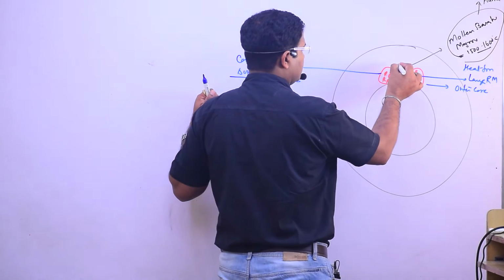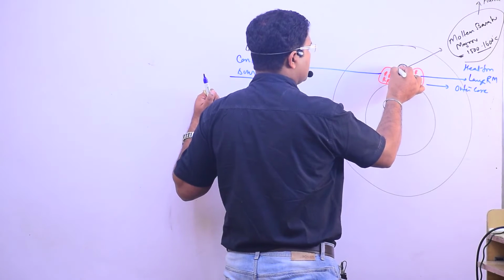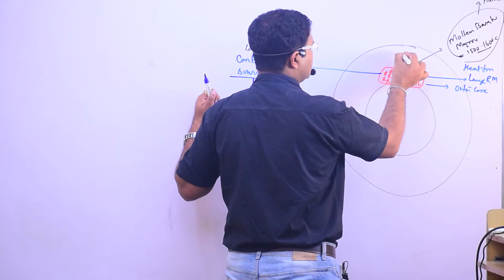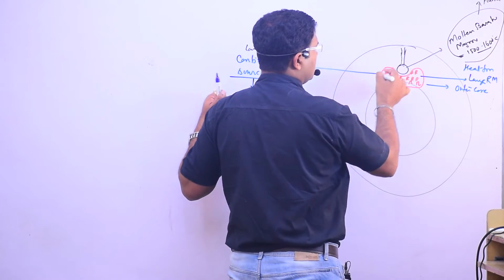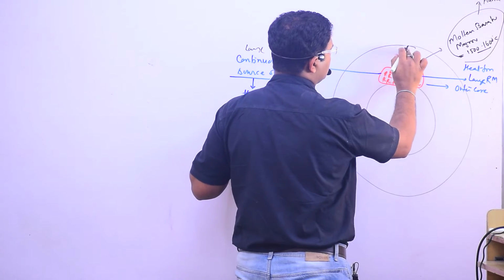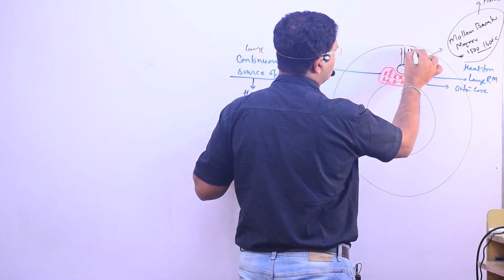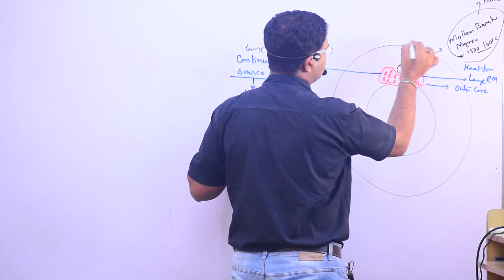Now, when the convectional current of magma forms, it starts moving toward the Earth's plate. When it reaches near the Earth's plate, its temperature is around 1300 or 1350.